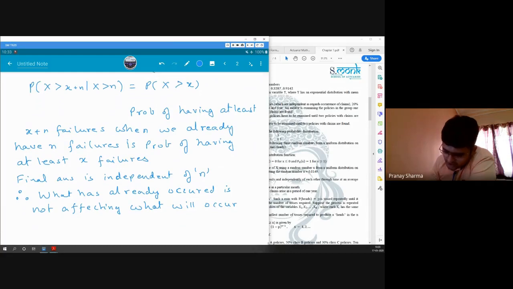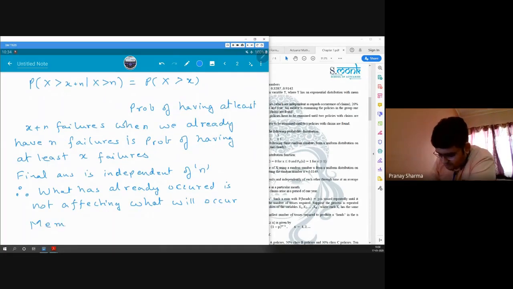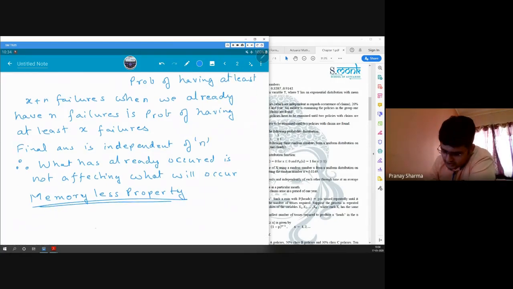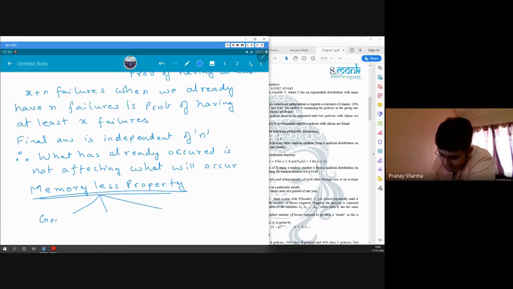So this is called the memoryless property. Now there are only 3 distributions that we are going to study that have this memoryless property. The first is geometric, then we have negative binomial, and the third is exponential.